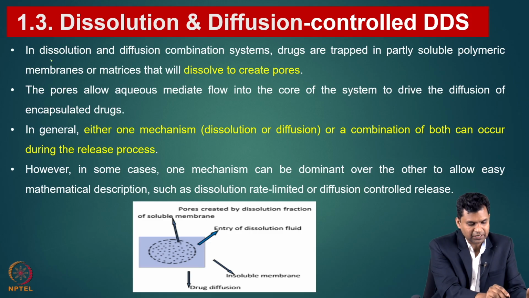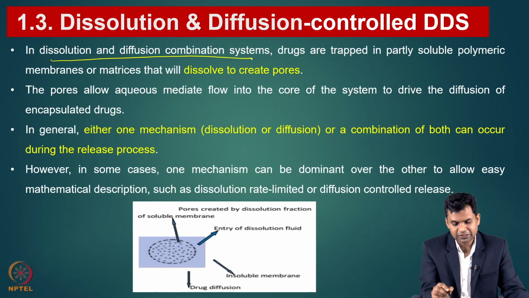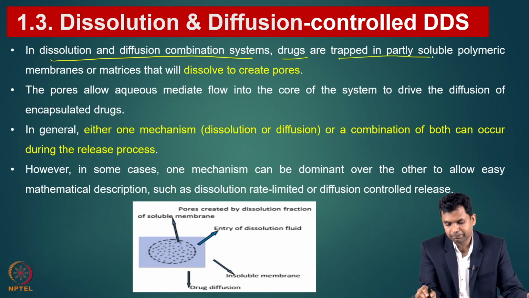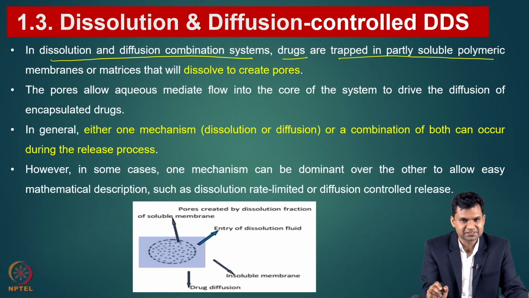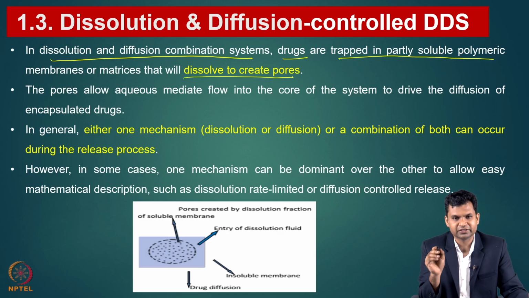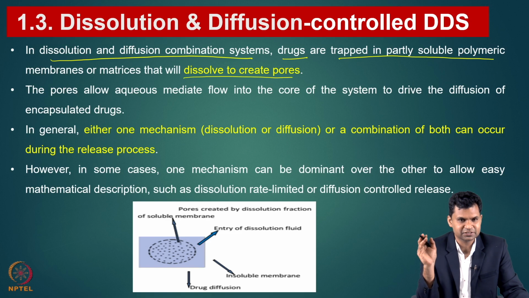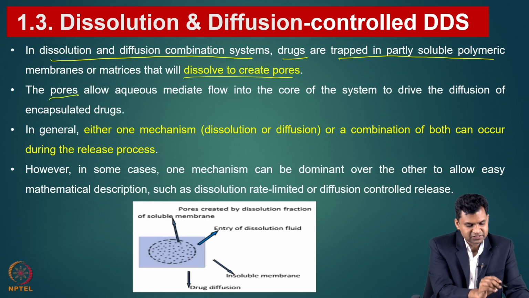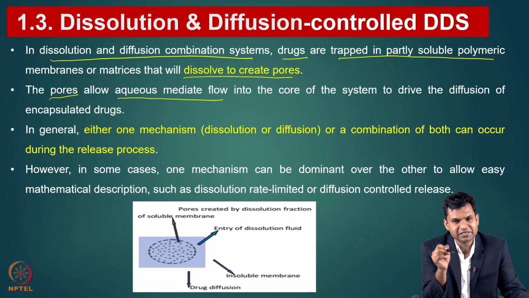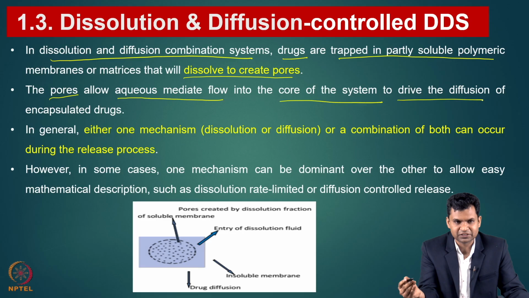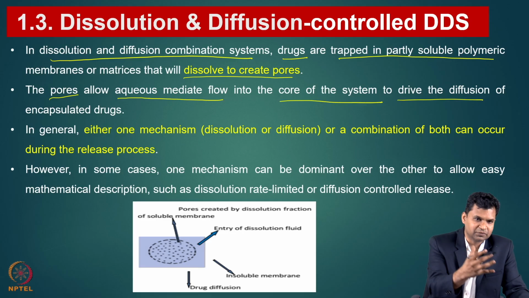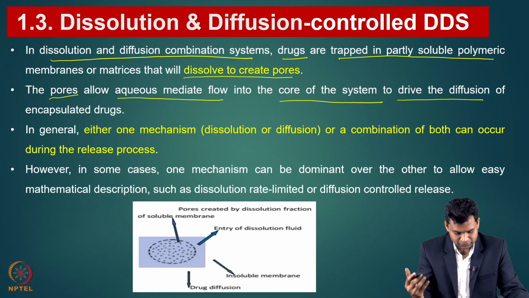In dissolution and diffusion combination systems, the drugs are trapped in a partly insoluble polymeric membrane or matrix that will dissolve to create pores, and then it will follow the diffusion principle. So two principles are followed in this system. As we have already discussed, the pores allow aqueous medium to flow into the core of the system, then that will undergo diffusion and the drug will release out from the system.